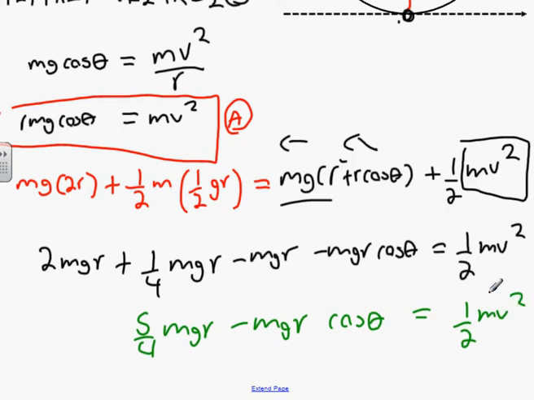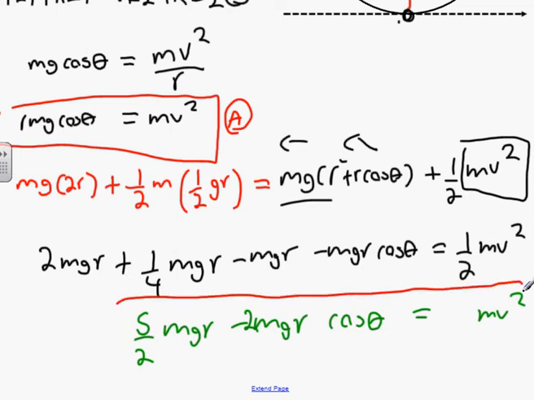I'm going to multiply everything by 2. When I multiply everything by 2, that will become 5/2 mgr, that will become 2 mgr cos theta, and this will simply become mv squared. Now both equations are comparable with each other. Okay?